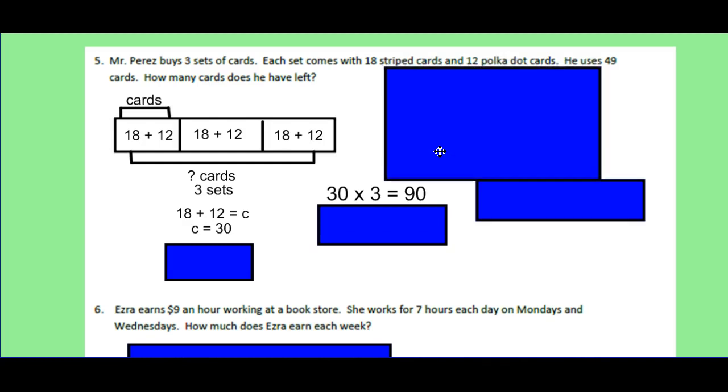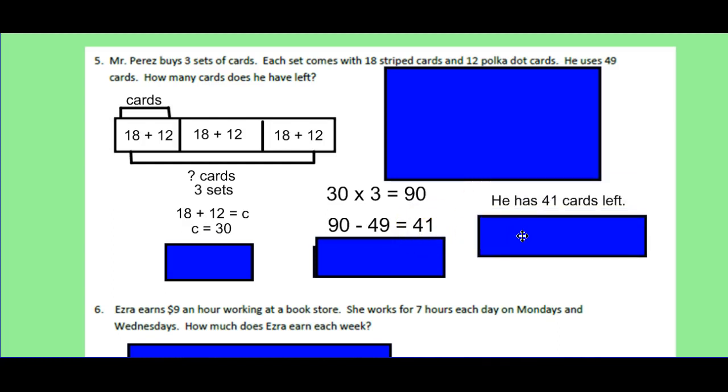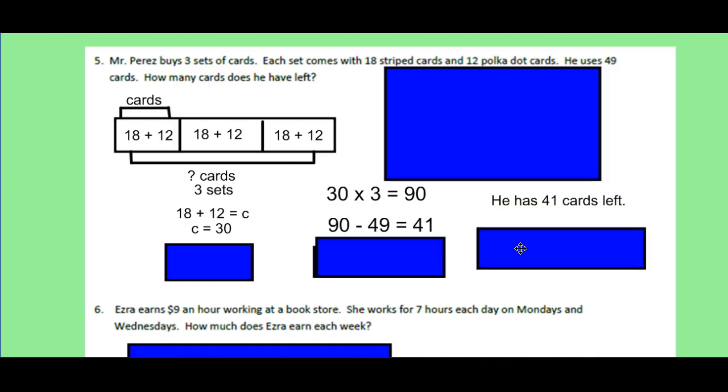So if I have 90 cards and I'm using 49, that means I'm going to take 49 away from 90. And then he is left with 41 cards. So the sentence to answer the question should have said he has 41 cards left. Make sure you change anything you need to change for this if you made a mistake before you move on to number 6.